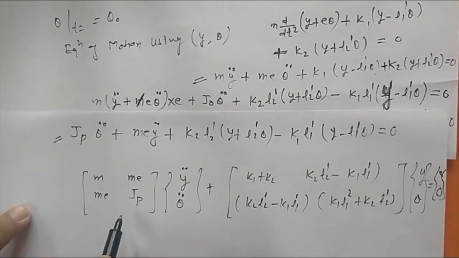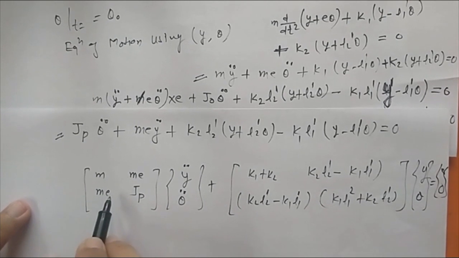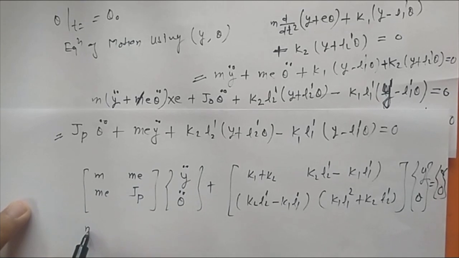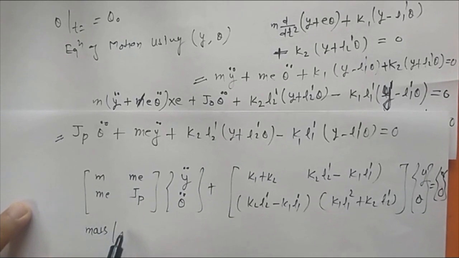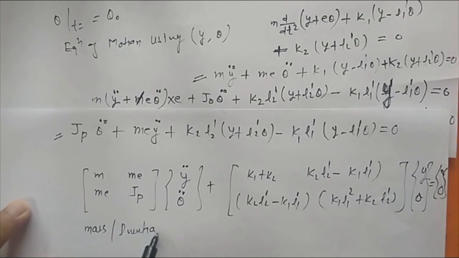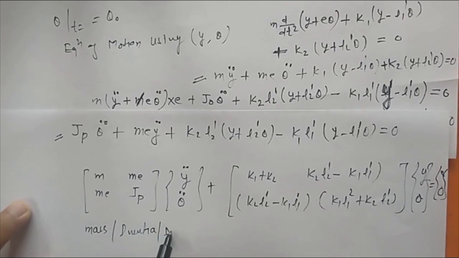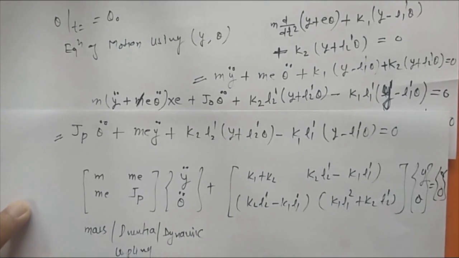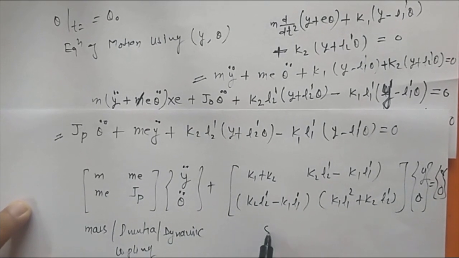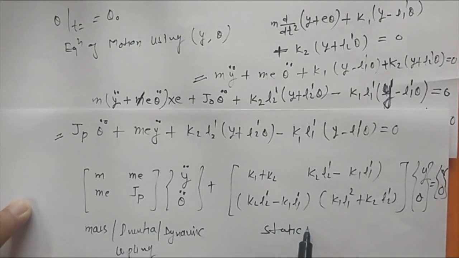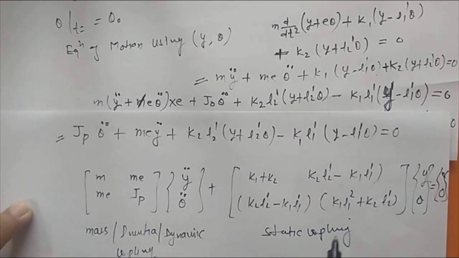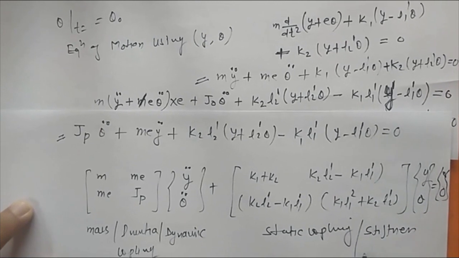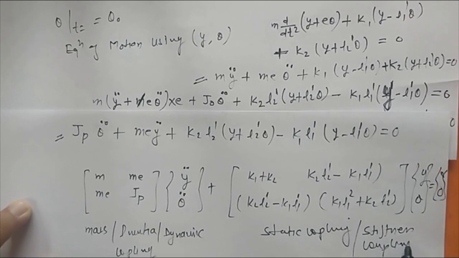So if the mass matrix is a non-diagonal matrix, then this type of coupling is known as mass coupling or inertia coupling or dynamic coupling, and this is static coupling, or you can also call it stiffness coupling.